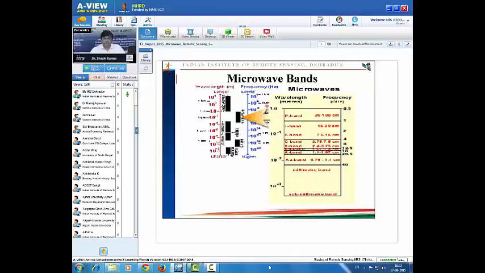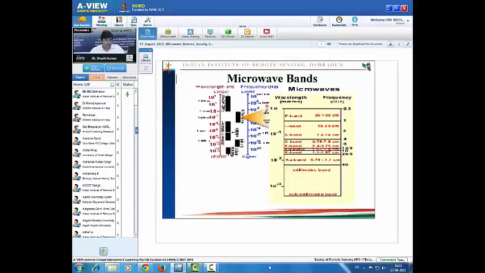We are talking about microwave remote sensing. So one can think, what is microwave remote sensing? Everyone knows that remote sensing is the technique in which you utilize the concept of electromagnetic scattering, reflection, and emission. One will be able to extract information about any object without touching the object or getting in touch with the object.